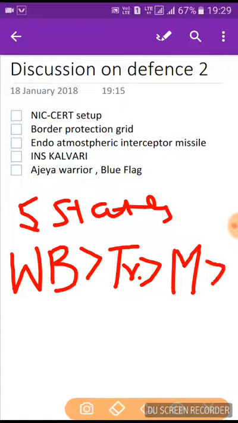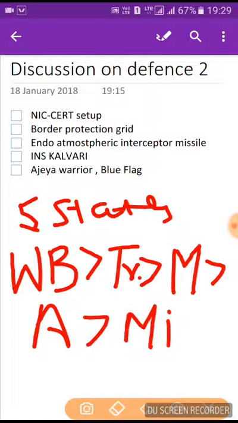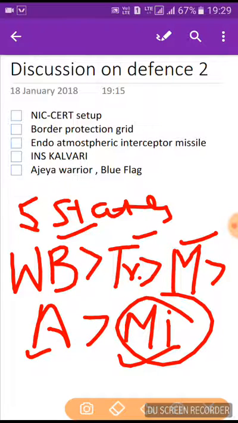The next one is Assam. The next one is Mizoram. Okay, West Bengal 2200 kilometer. Tripura is 856 kilometer. Meghalaya is 443 kilometer. Assam is 262 kilometer and Mizoram is 180 kilometer.